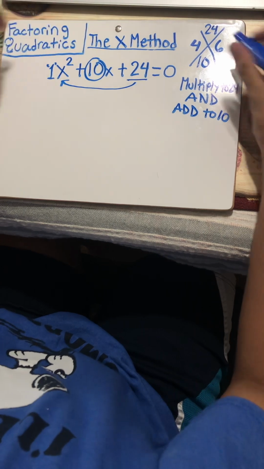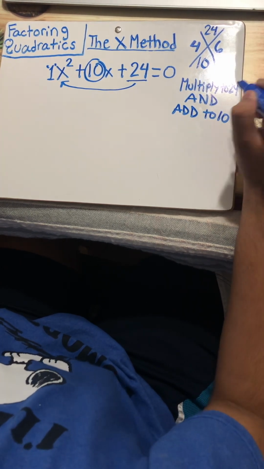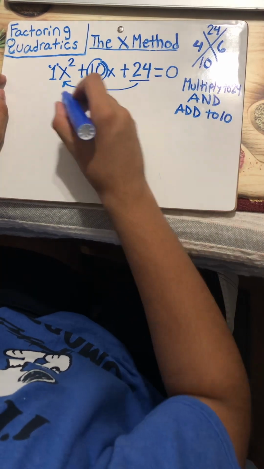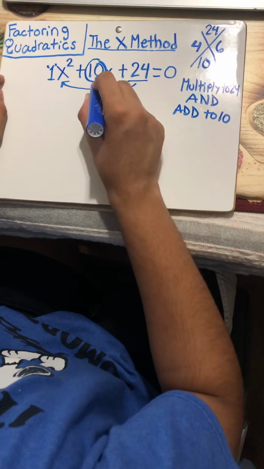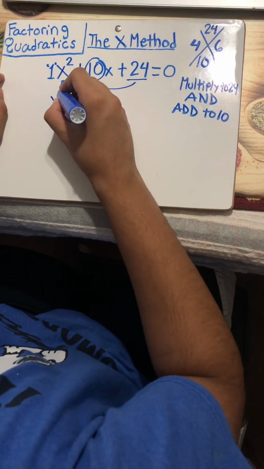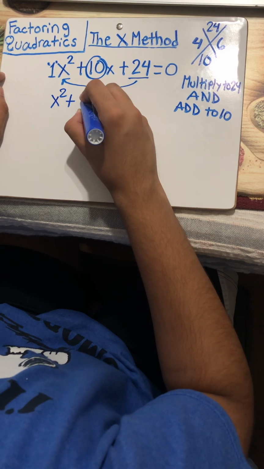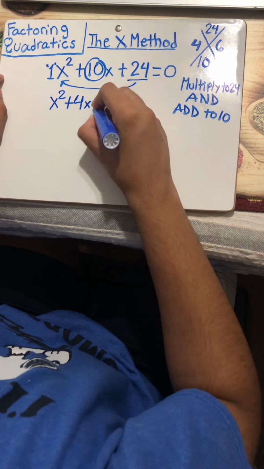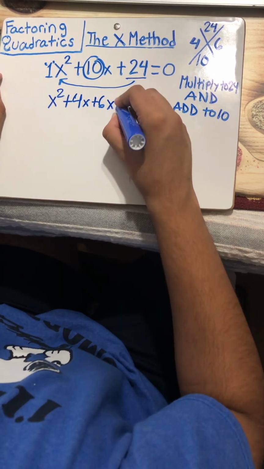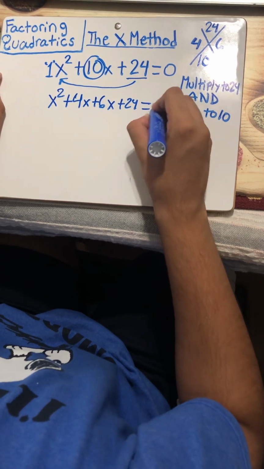We must now plug these two numbers back into our equation. Since 4x plus 6x equals 10x, we can just substitute it here and rewrite the equation. x squared plus 4x plus 6x plus 24 is equal to 0.